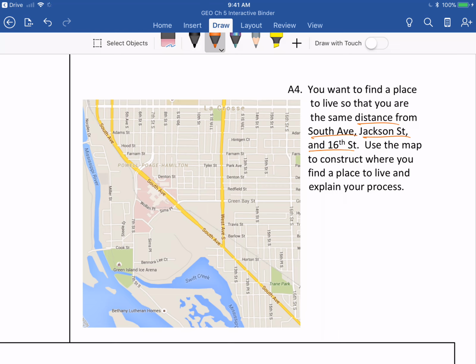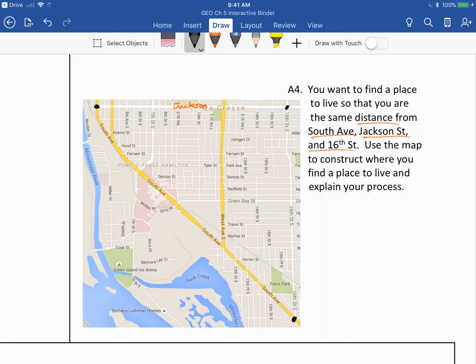You can't really see it here, but this one is Jackson Street. It didn't copy out very well. Now I have South Ave and 16th. So let's draw those lines in there. This is 16th Street and Jackson. This is 16th and South, and this down here is South and Jackson, excuse me.